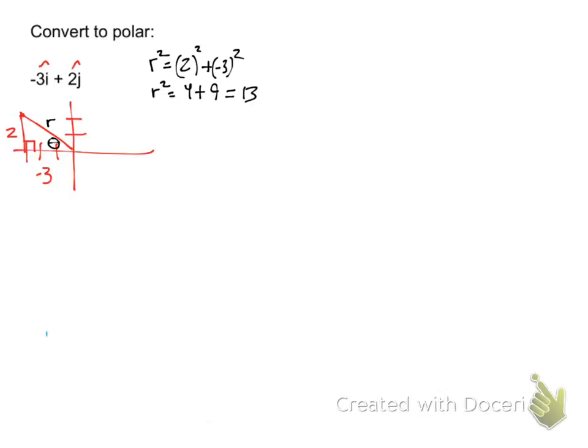Or square root. So r is the square root of 13. Here's the thing. Square root of 13 is not a nice number. So should I put it as a decimal? Nah, probably not. Especially if the numbers are nice.